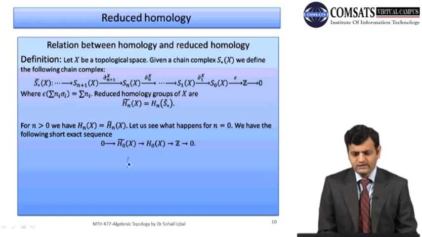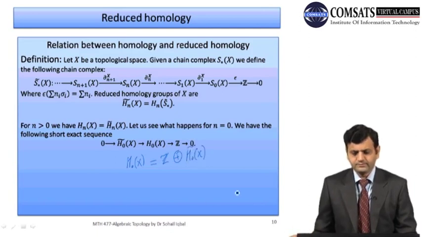In other words, H naught of X is equal to Z direct sum H naught tilde of X. So if H naught of X is Z, then H naught tilde of X will be 0.